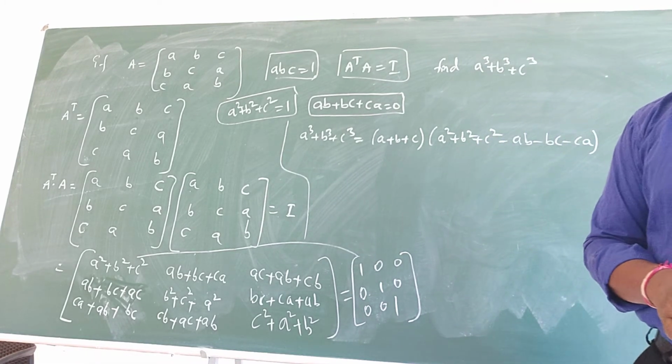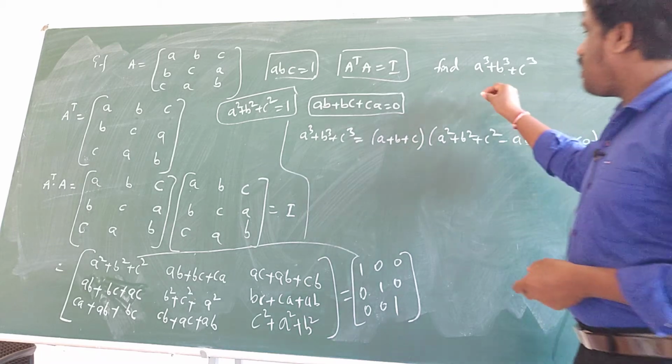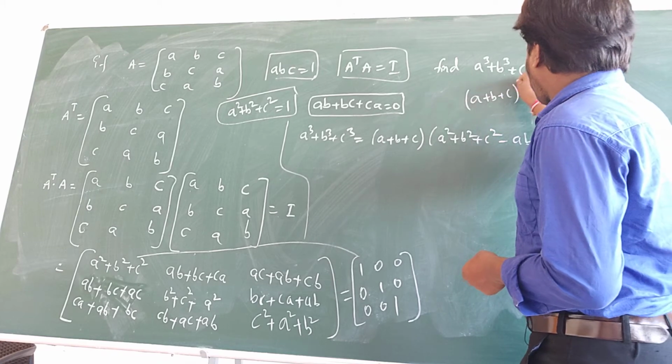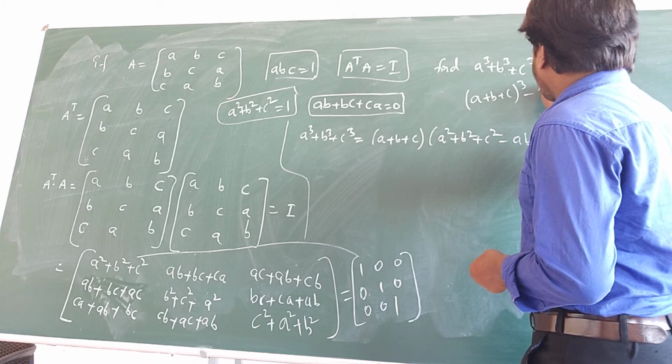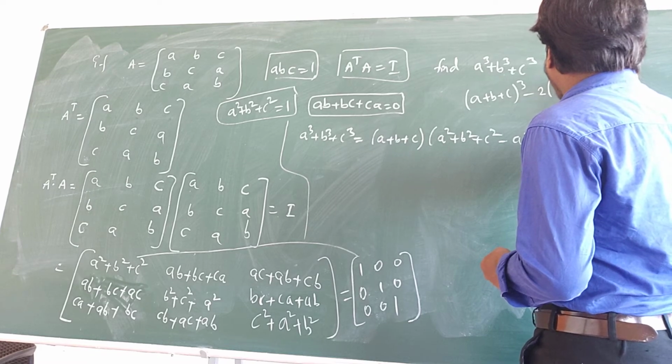Correct or wrong? What do you know? (A + B + C) whole cube minus 2 into AB + BC.